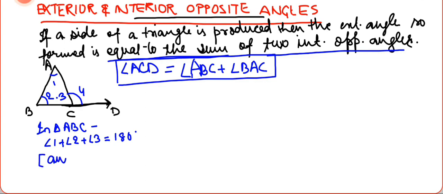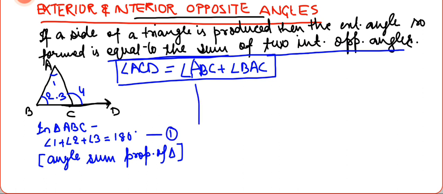So we can write it as angle sum property of triangle. Okay. Now let us consider this is equation 1. Now let's move to the next part. Now we also know that from this figure we can see clearly that angle 3 plus angle 4 forms a straight angle.